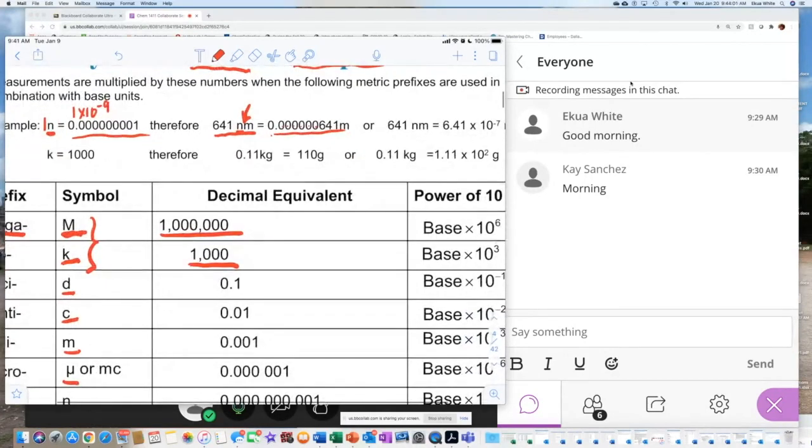Okay? And then over here, if you want to talk about 1,000 kilograms, once again, kilo stands for 1,000. So in this case here, if you have 0.11 kilograms, the k here stands for 1,000. It's the same thing as 110 grams.